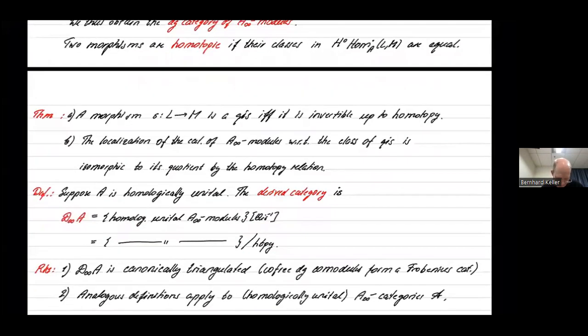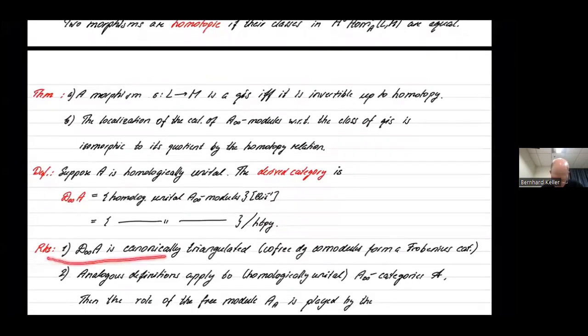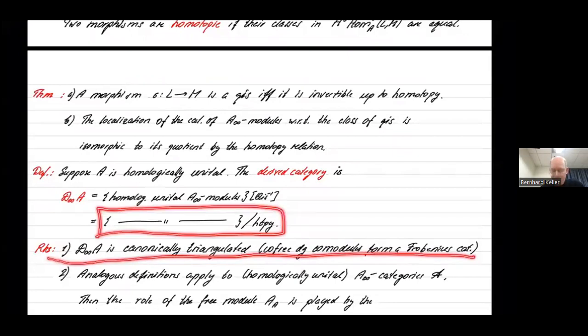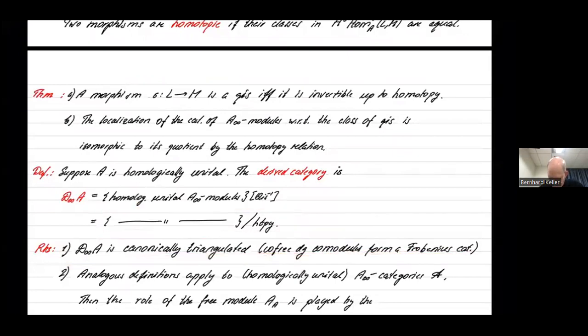And this category is then canonically triangulated. In fact, it is the stable category of a suitable Frobenius category, namely the Frobenius category of co-free DG comodules.